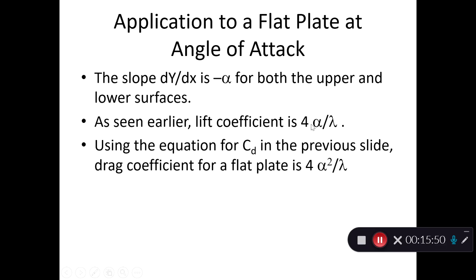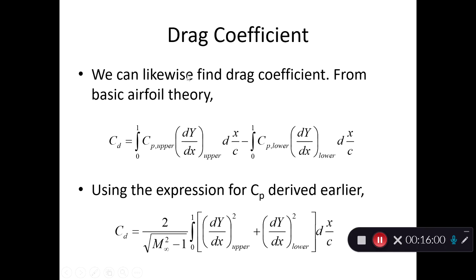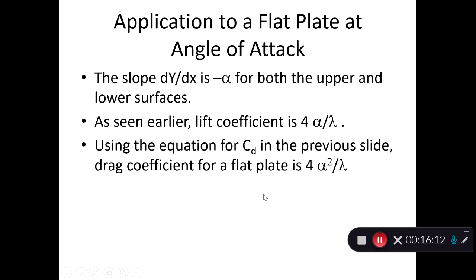So if you put a lift coefficient, this is the lift coefficient. Drag will be, because the slope is a constant, when you plug it in here, this is a constant, minus alpha. When you square it, alpha squared, 2 alpha squared will come out of the integral. So you'll get 4 alpha squared over square root of M infinity squared minus 1.